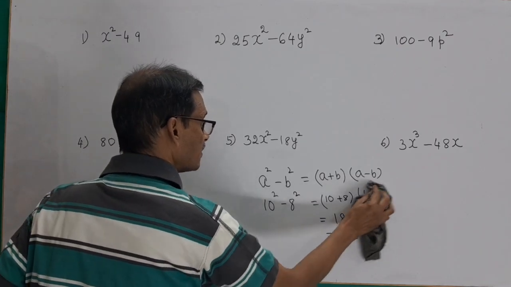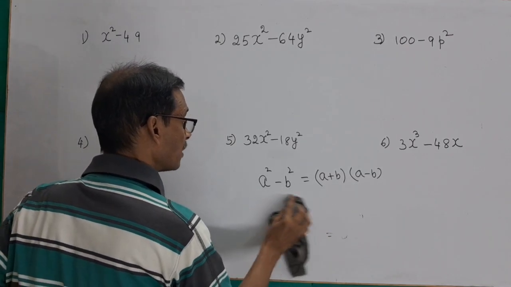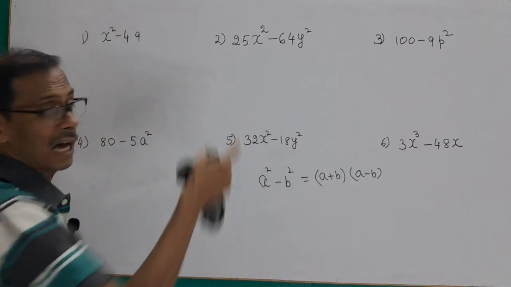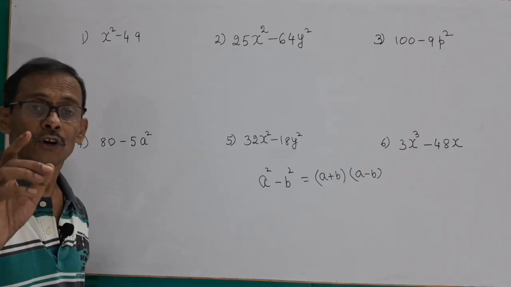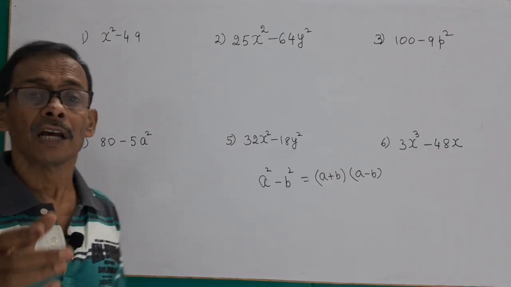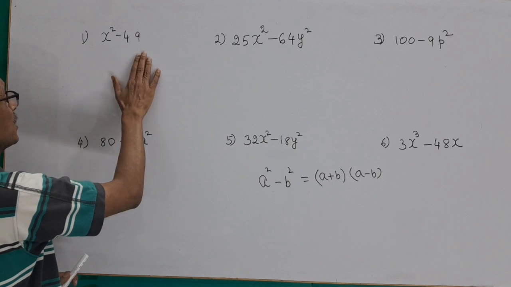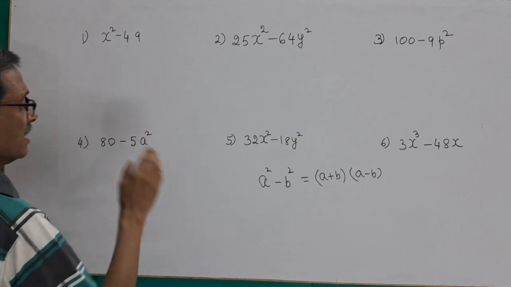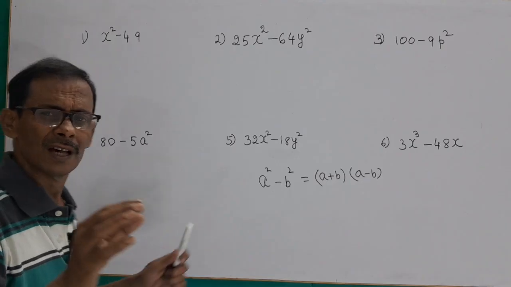Now I am keeping this identity written on the board so that you can understand when I am solving these things for you. I am solving for you, but you need to learn it. So x square minus 49. See, a square and x square look similar.